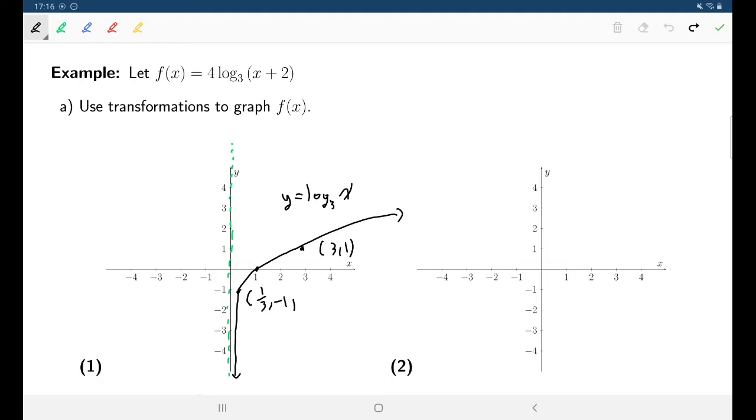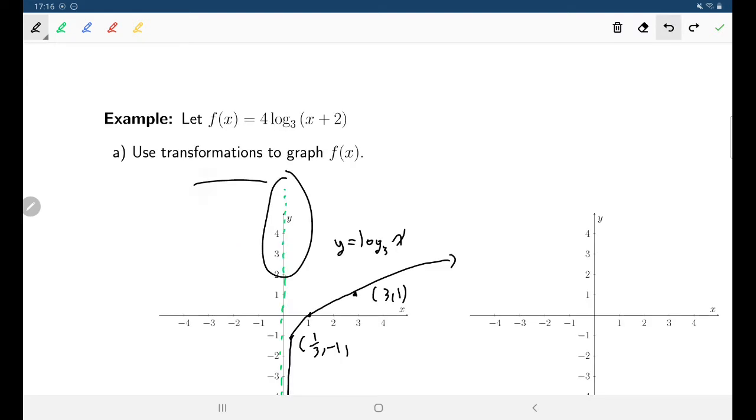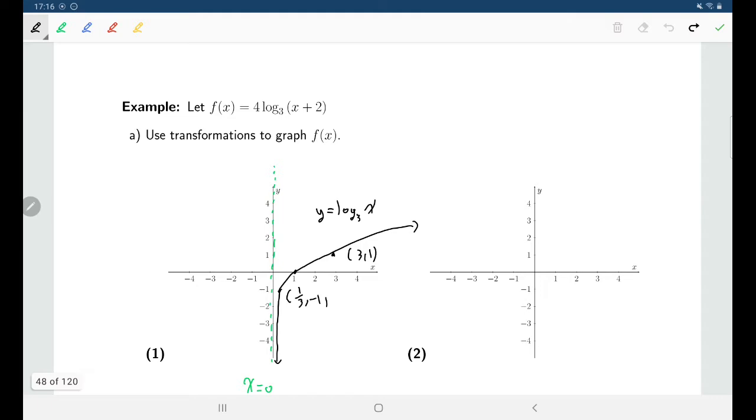Of course, if I'm shifting things left and right, the vertical asymptote will also move along with the graph. So not only are my points moving to the left, that vertical line is also shifted to the left. So instead of x being at 0 for the vertical asymptote, it'll be -2.